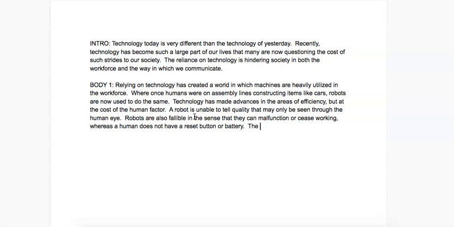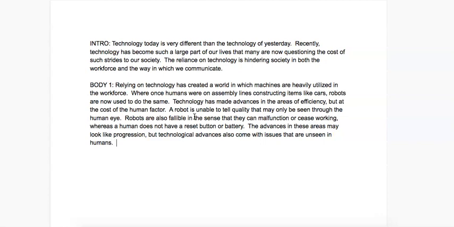And then I'm going to conclude it with: the advances in these areas may look like progression, but technological advances also come with issues that are unseen in humans.